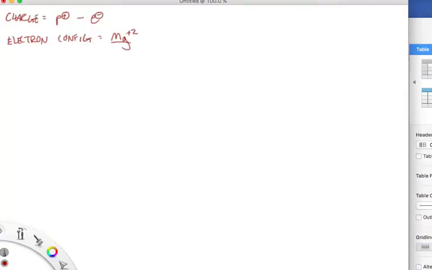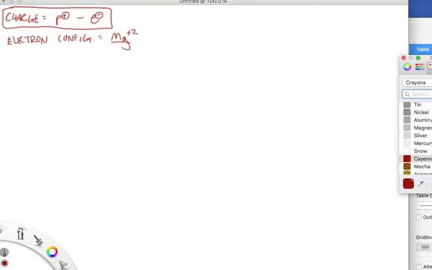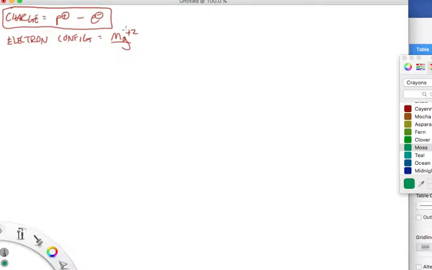So let's go back to our formula. We know that the number of protons must be 12, and then we minus the number of electrons. We don't know how many electrons there are, so I'll just leave that as an E right now.